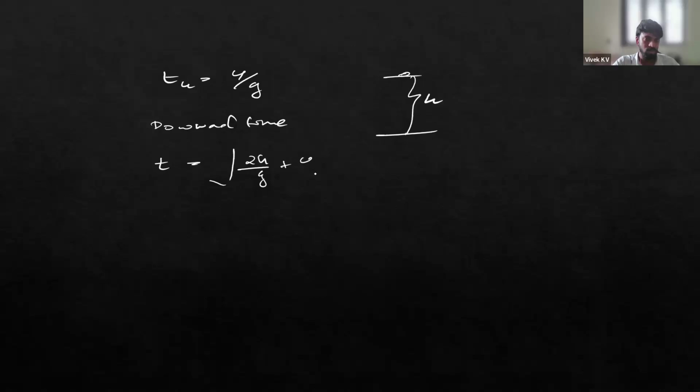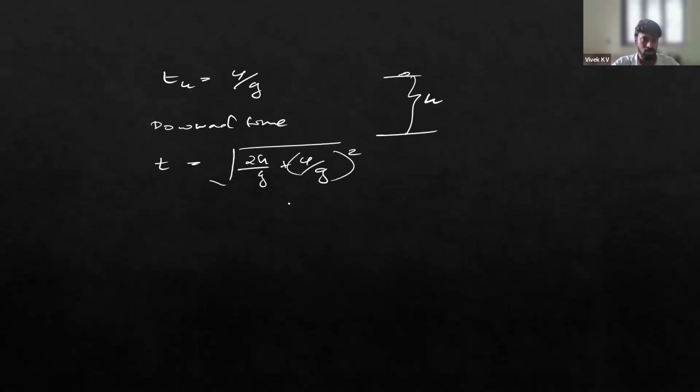And now the downward time: let us say h is the height at which the water is, from the top of the well. So the downward time from equations of motion will be given by the root of 2h by g plus u by g, the whole square.